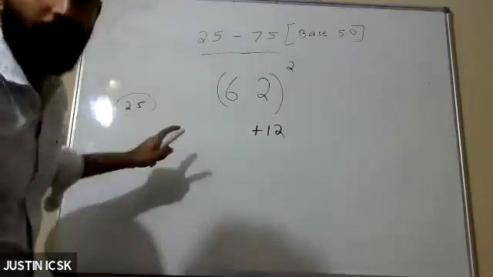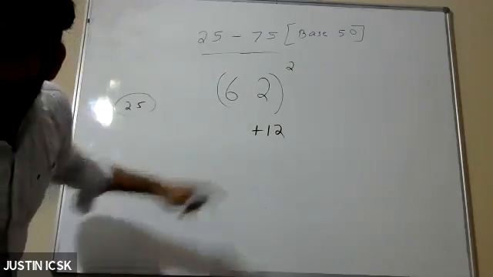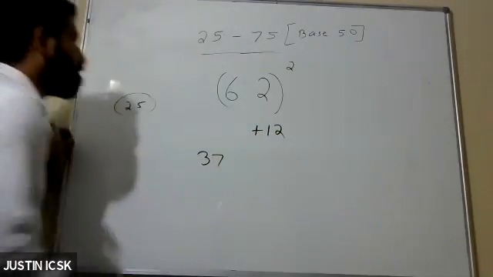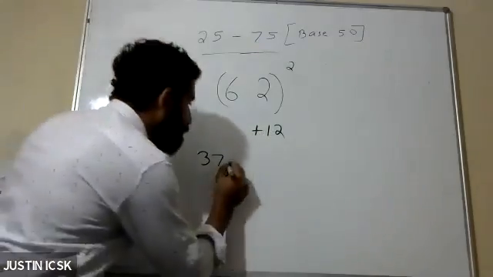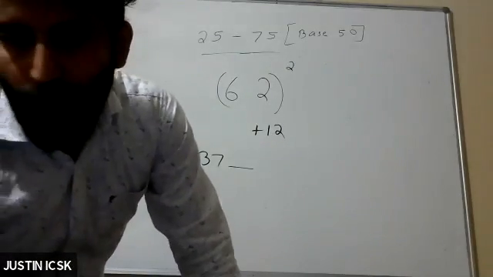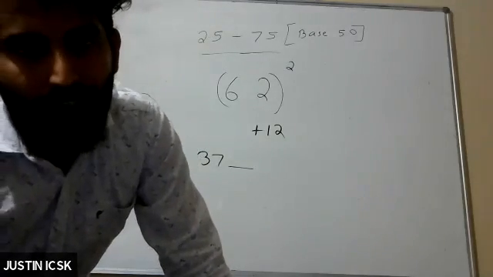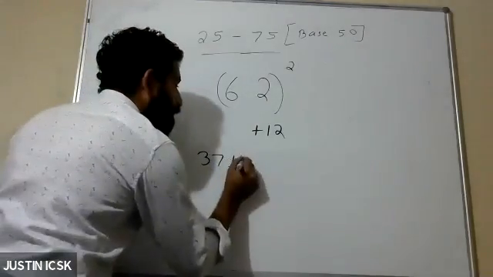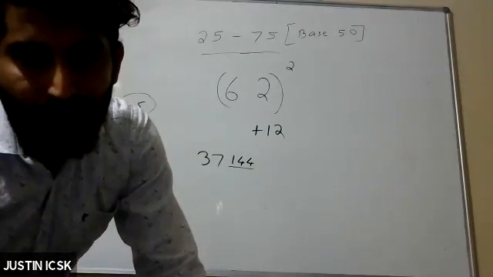Don't forget this 25. 25 plus 12 is 37. 12 square. I told you, if possible, try to learn by heart till 15 or 20. 12 square is 144.